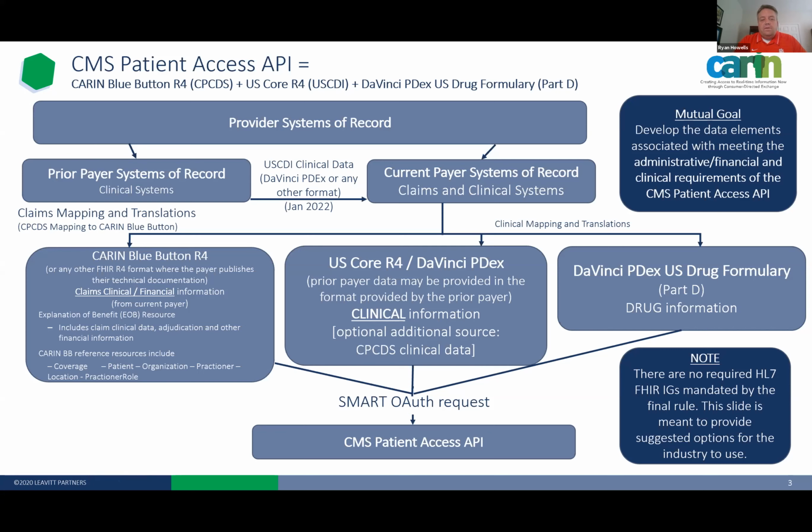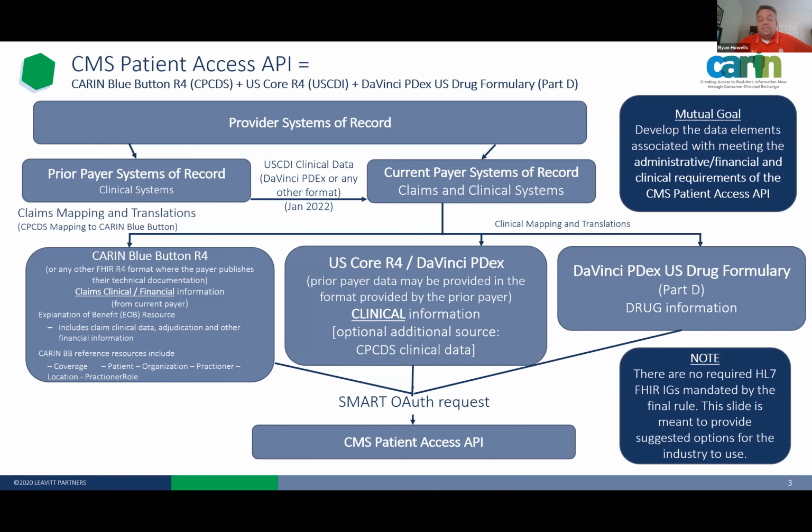I think the challenge that payers will have, if they decide not to implement the CARIN Blue Button implementation guide, is that two main challenges exist. One is they'll have to publish their own API technical documentation in a publicly available format that allows for individual apps to be able to access that information.